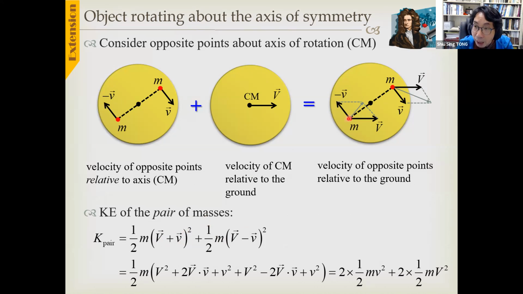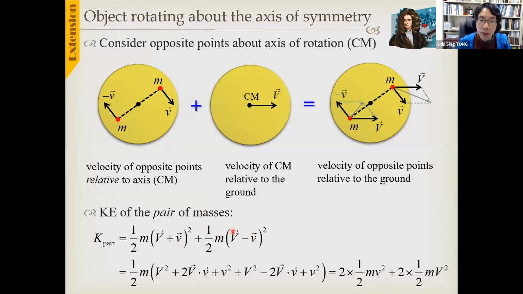For the particle on the opposite side, you have big V minus small v, because that particle has the opposite rotational velocity. So now you have a minus sign here: big V minus small v, squared.